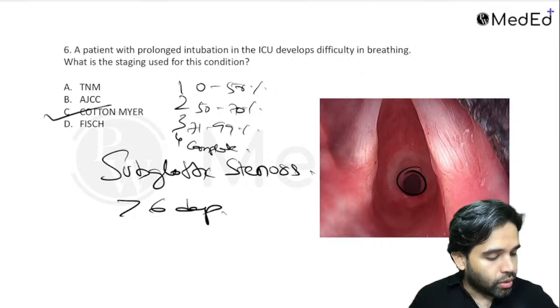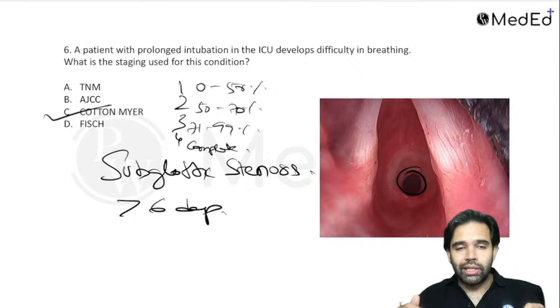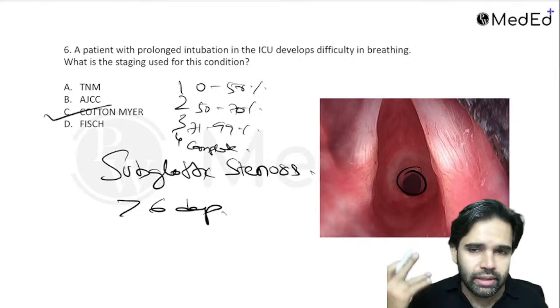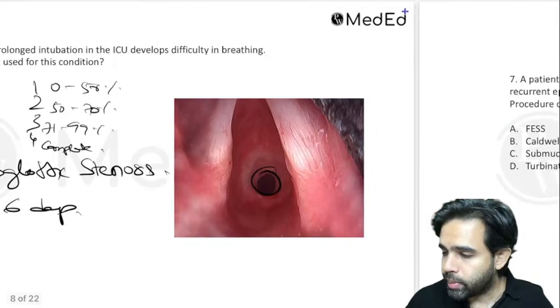All right, so it looks like this image. So this would be the Cotton-Myer classification. Others are for cancers and juvenile nasopharyngeal angiofibroma.